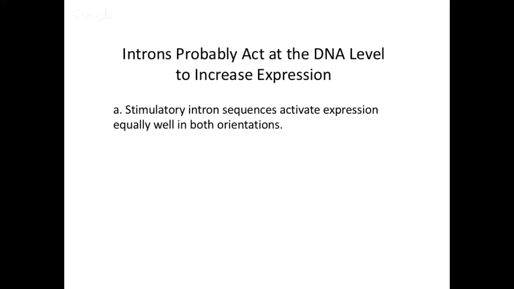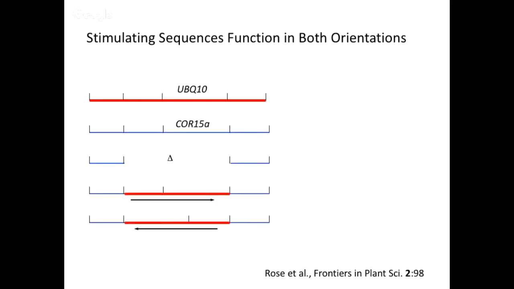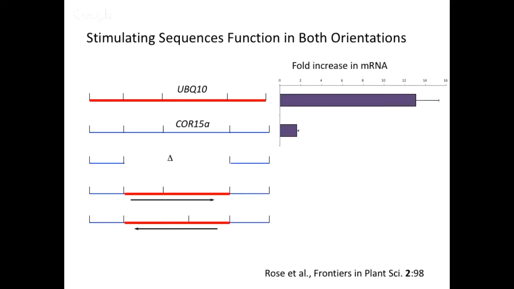Okay, the question is whether or not the intron boosts expression when it's in the DNA that's being transcribed or from the RNA that's produced. I have some evidence that it's acting at the DNA level. The idea here is that I made a series of hybrid introns between this ubiquitin intron that strongly stimulates mRNA accumulation and this very similarly sized intron from a cold regulated gene that has very little effect on expression.